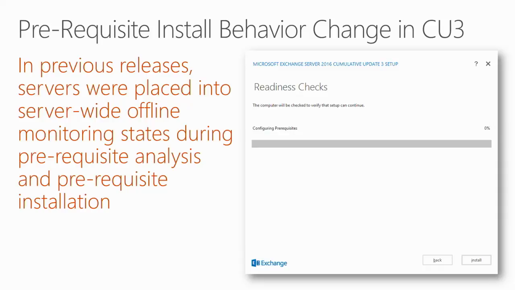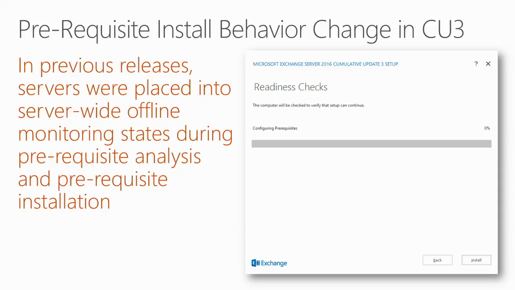All right, so for those of you who have seen how a cumulative update works, and that could be in 2016 or 2013, there is a change that we've made in the 2016 code branch, and that change is in CU3, and it basically changes how setup operates with respect to managed availability. If you're not familiar with it, managed availability is this automatic recovery feature that's built into Exchange 2013 and 2016.